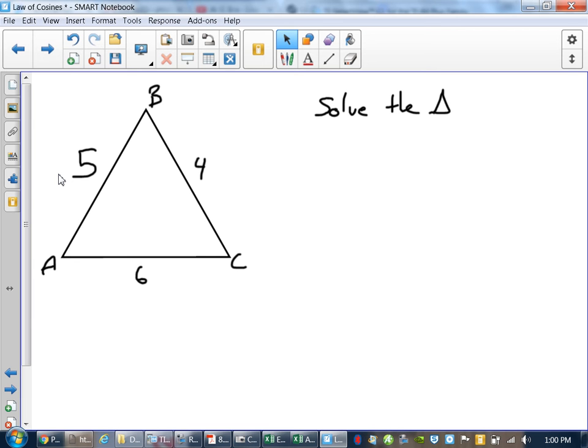The one and only rule, if you need to find an angle first, the side case: find the largest angle.